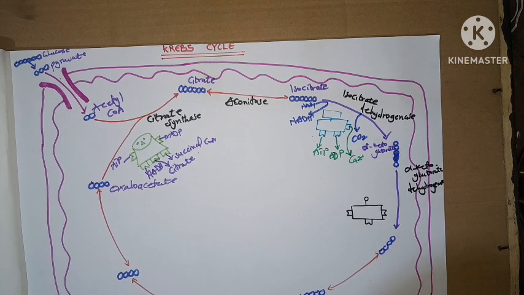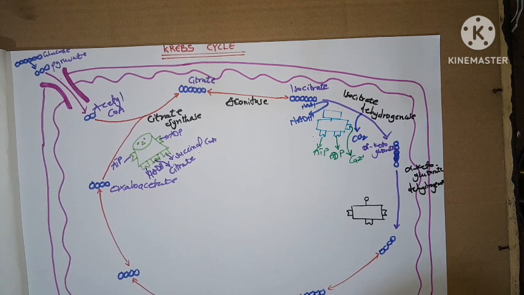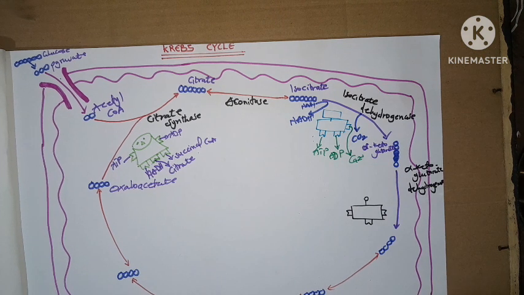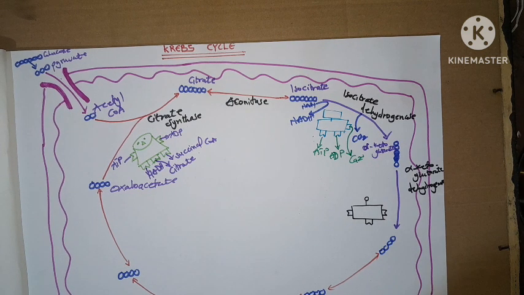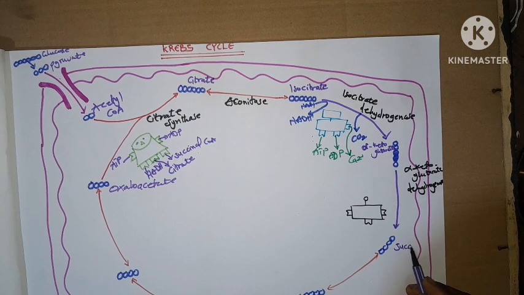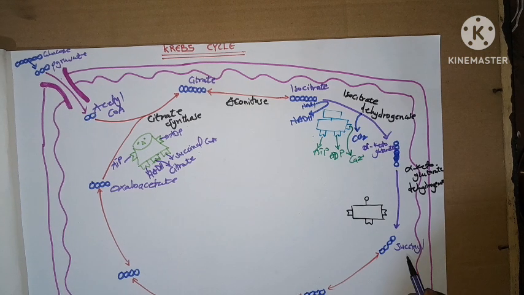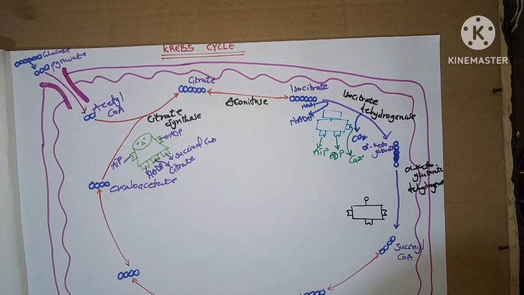This enzyme will convert alpha ketoglutarate to a new molecule known as succinyl-CoA. This succinyl-CoA is a 4-carbon molecule.